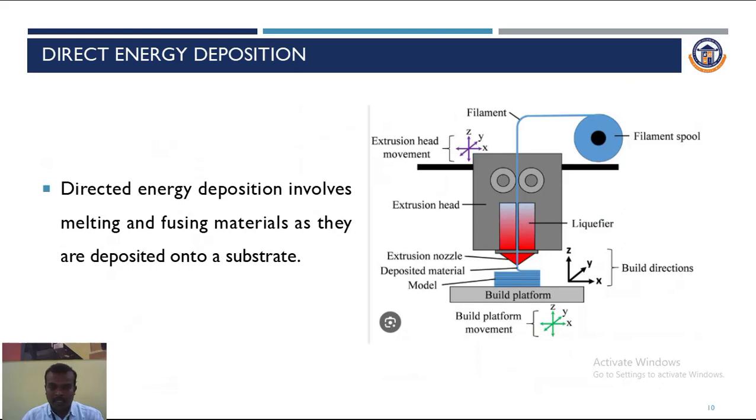In this method, the material can be in solid, liquid, or powder form. The raw material is melted and directly deposited on the bed. It is called the direct energy deposition method.